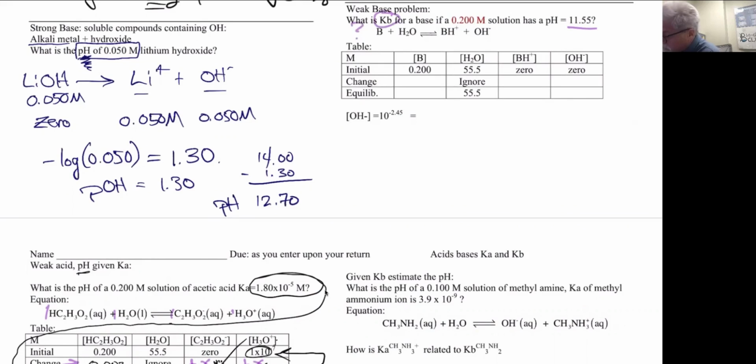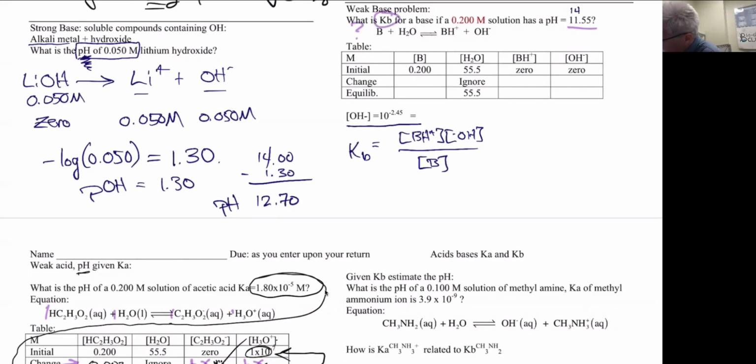Before we go any further, let's make sure that we understand that Kb is going to be equal to the products of the reaction that we're looking at divided by the reactants, all given as concentrations. But we don't know any of these numbers just yet. What we do know, however, is the equilibrium concentration of OH minus.